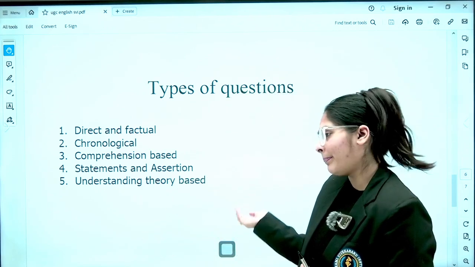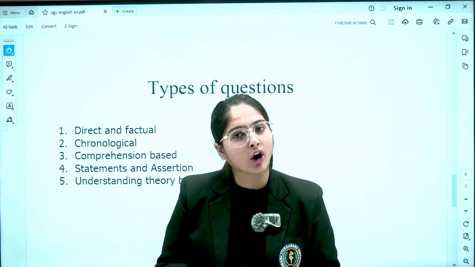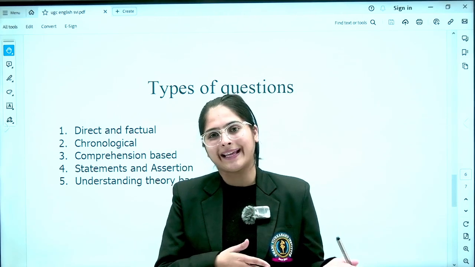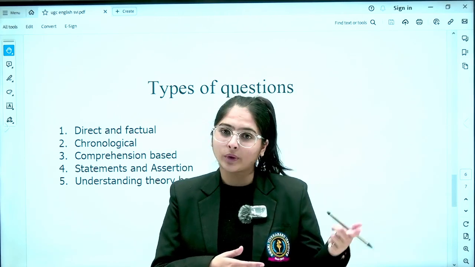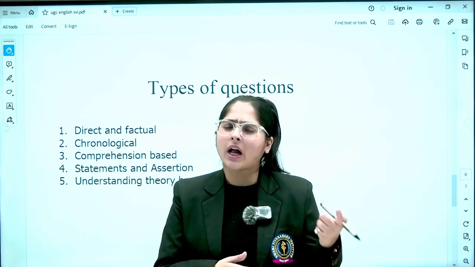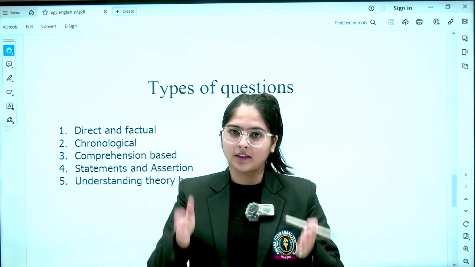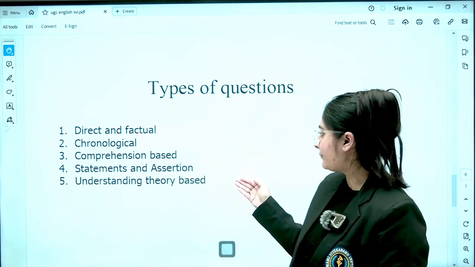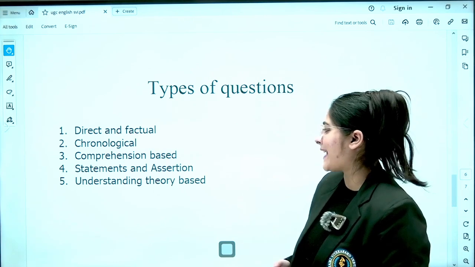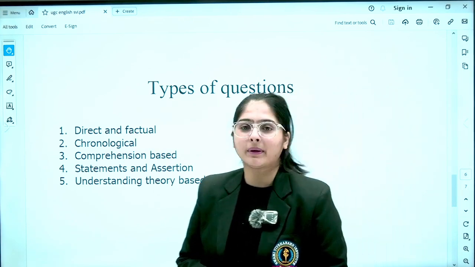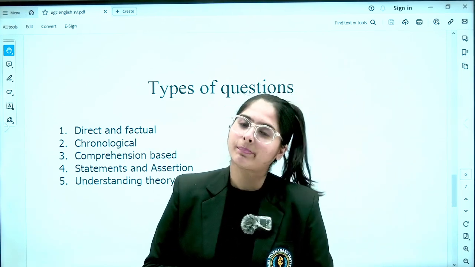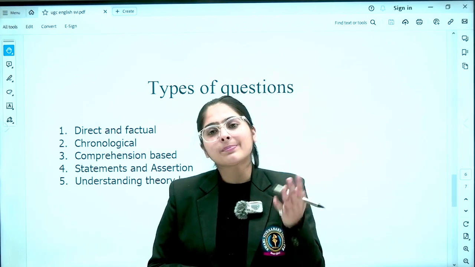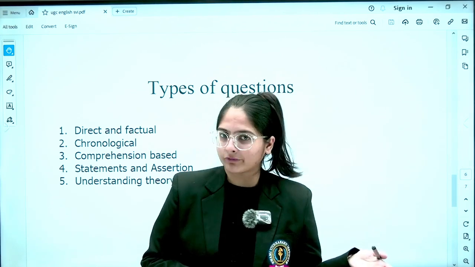Now next is comprehension based. I have already explained this in the 10%, that from the theory part or any drama, poetry, you can see it in the comprehension questions. Now, statement and assertion, even in paper 1, the students who are already preparing for UGC NET must be aware of the paper 1 format as well.